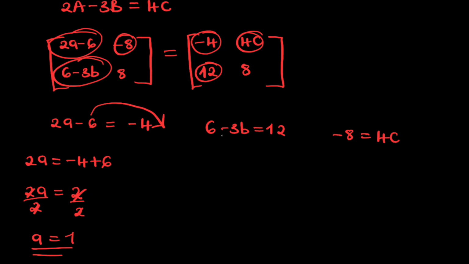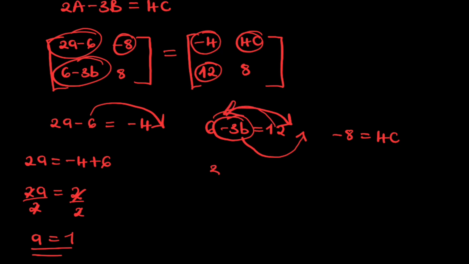Now let's go to b. To find b here, we need to make it the subject of the formula. So we are solving for b. We could send 6 this way, but this has a minus sign. So to get rid of this minus sign, we send it this way instead and send 12 this way. So minus 3b is equal to 12 minus 6. But this has a minus sign, so we are going to inverse it.